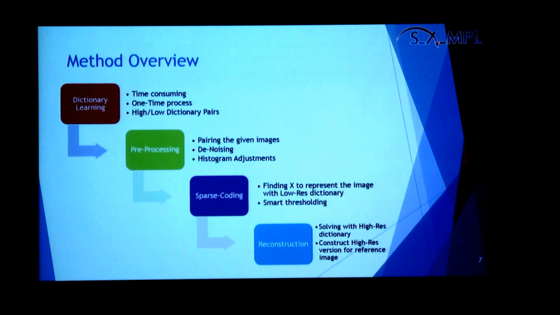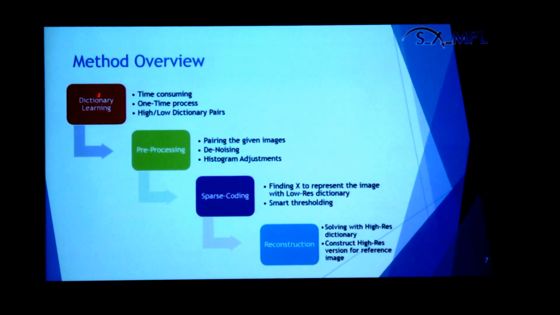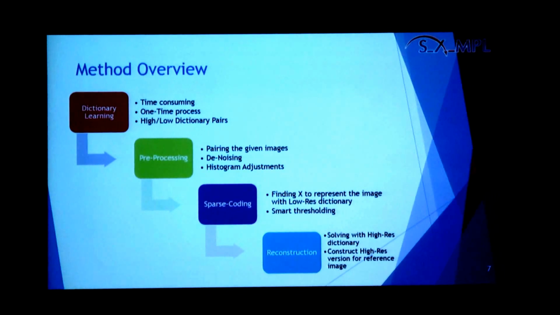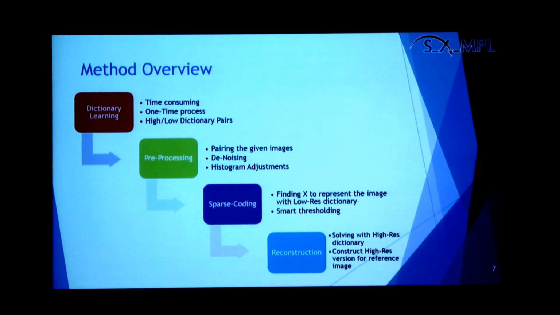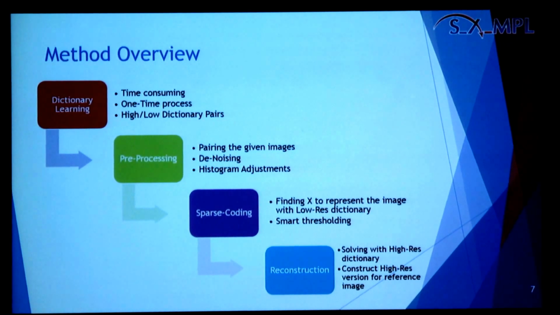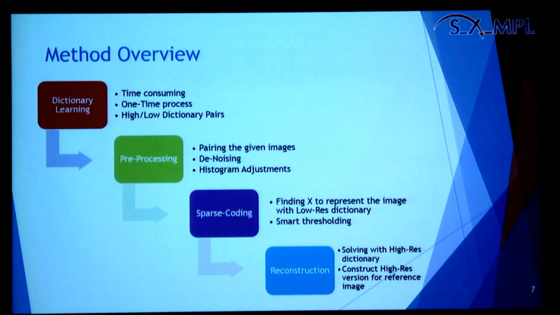We divide it into two parts. The first part is just this cube, the dictionary learning. This part is intense. It takes a lot of time and computational load, and we invest in this process offline just once. Once we learn a dictionary for a specific microchip, that's it. We're done.